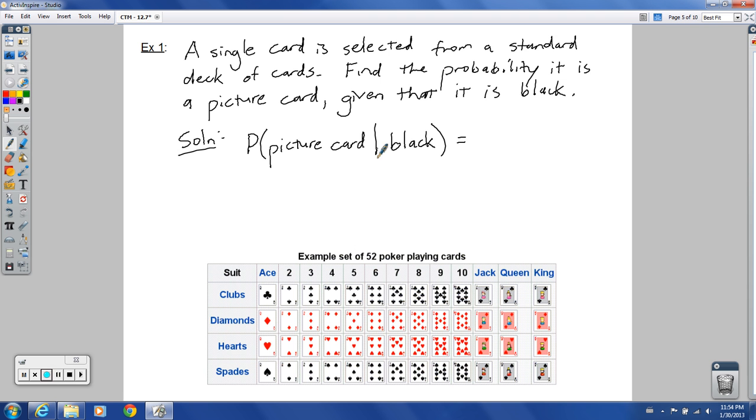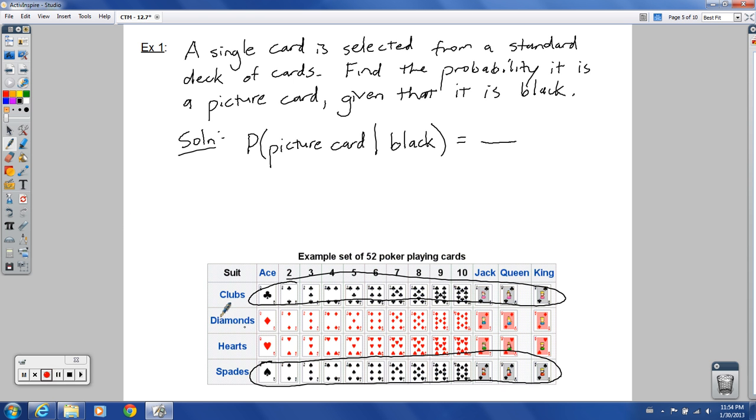So that symbol right there means given in terms of probability in the context of this problem. So what is the chance of this happening? So given black, if that has to happen, how many things do we have to choose from? How many black cards are there, in other words? If you count them up, it's going to be these 13, the clubs, plus these 13 spades.